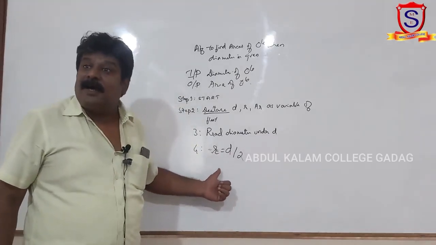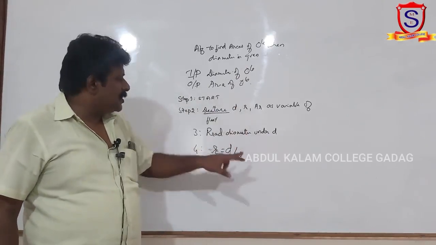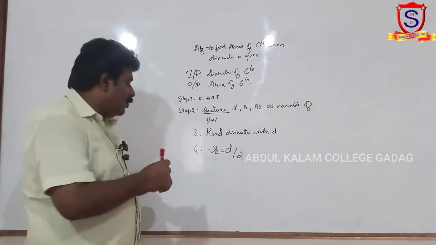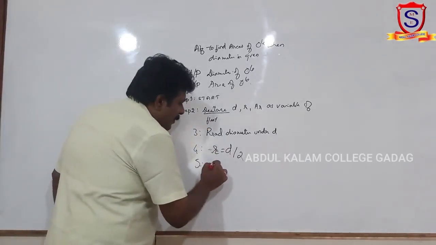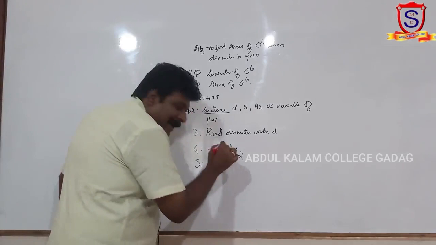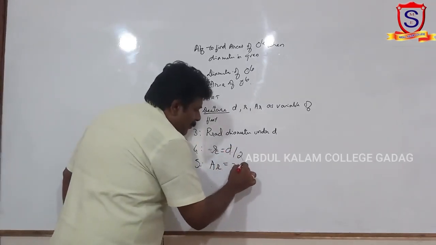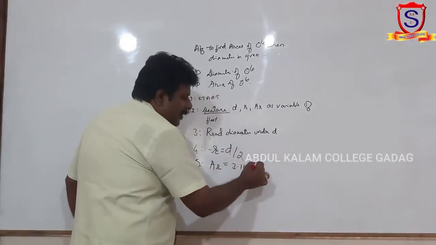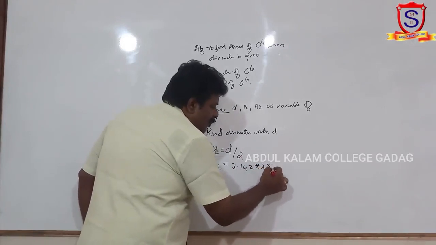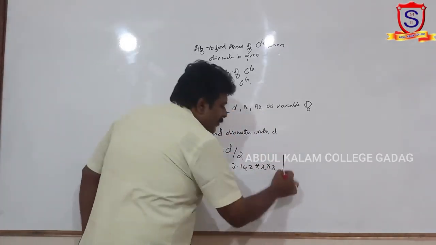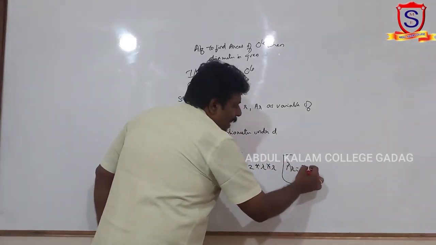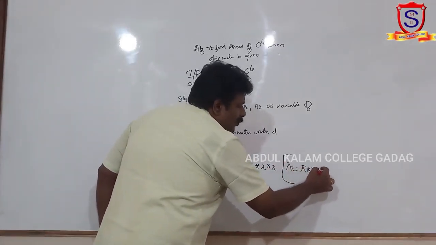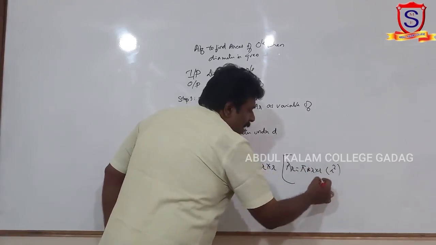So now I got the radius which is used in the formula. Now I will go to step number 5. Then I will say AR, area, equal to 3.142 into R into R. So here we are referring to the formula, that is AR equal to pi into R, that is R square.